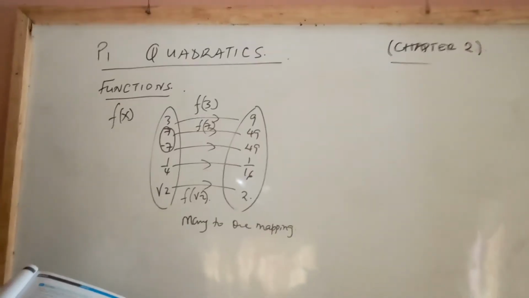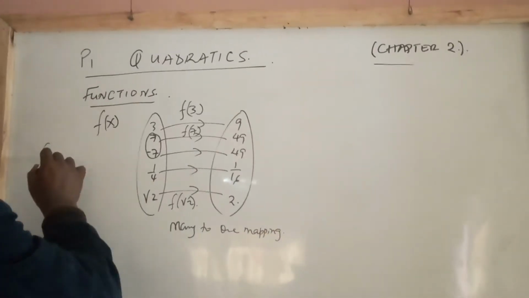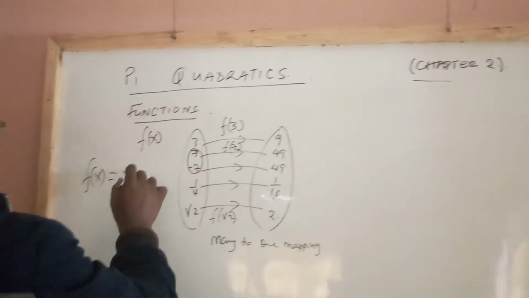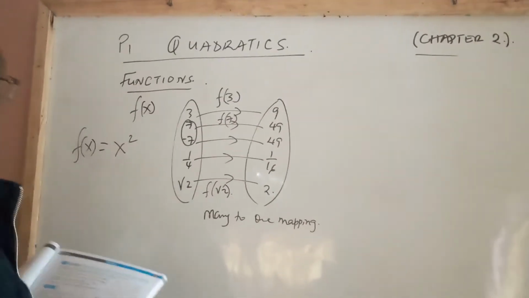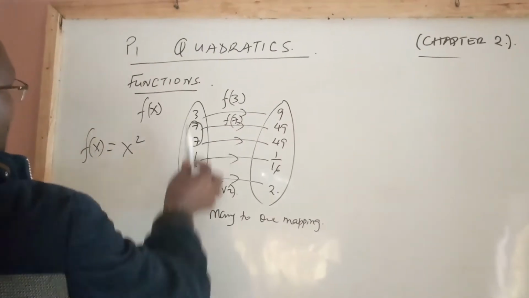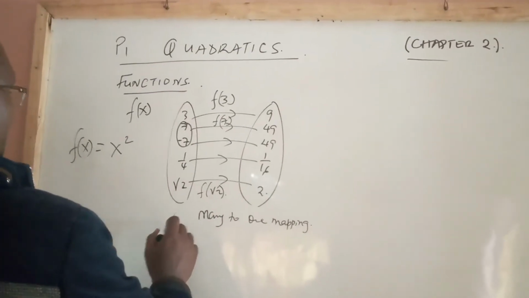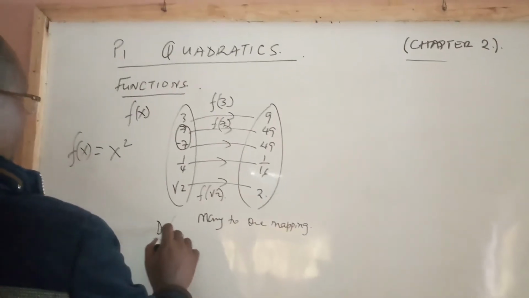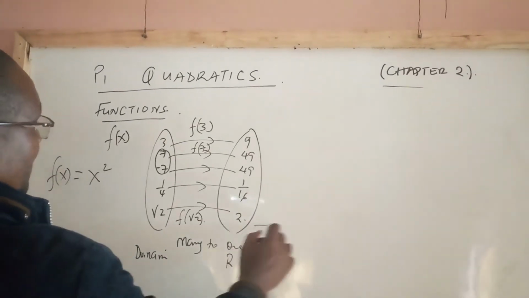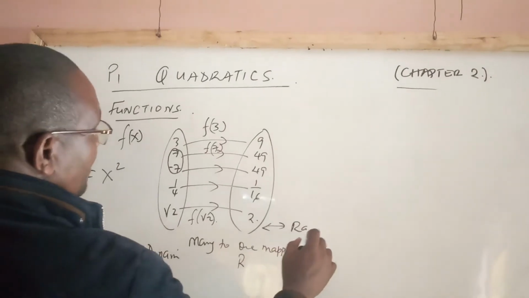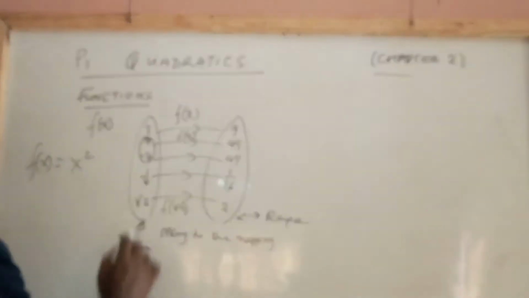The diagram shows that the function f(x) is x squared. Whatever the value of x is, it is supposed to be squared. That is why all these values squared will give us the values on the right hand side. So this is easily the domain, and this is easily the range.